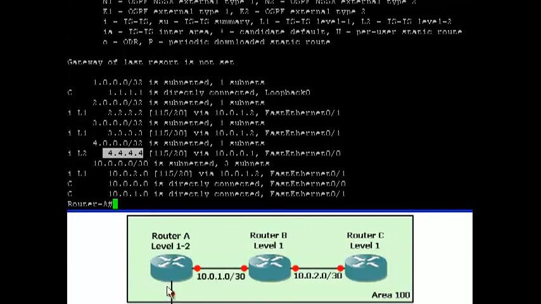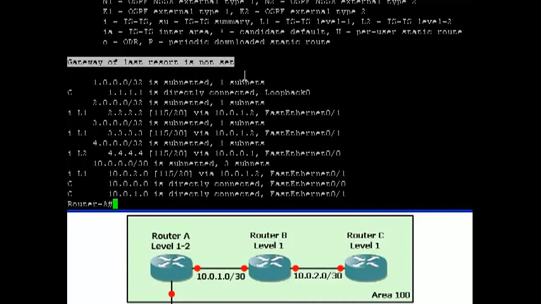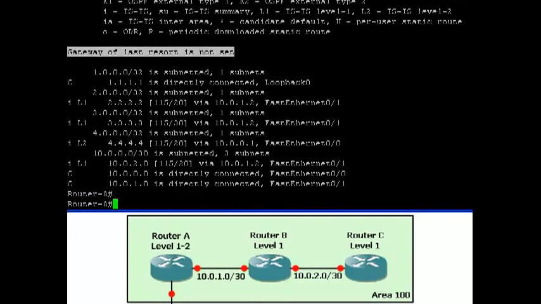It also has knowledge of the physical networks. Notice that the default gateway is not set. This is because the Level 2 router knows about all the available networks that have been advertised.